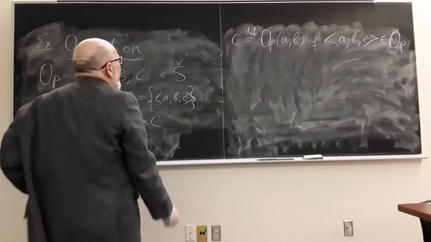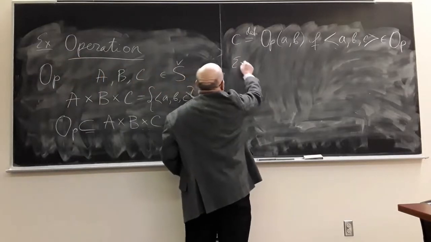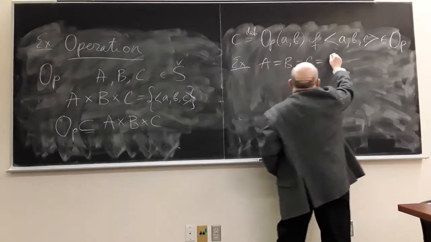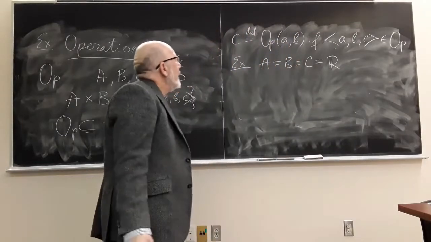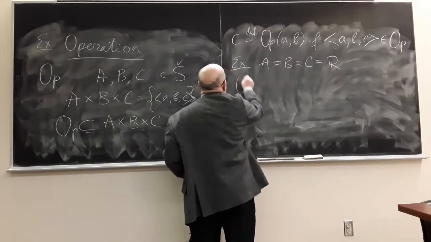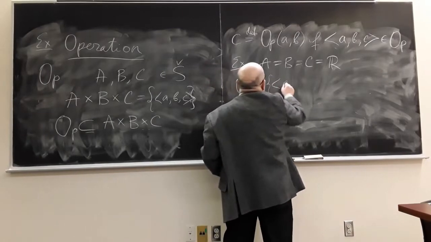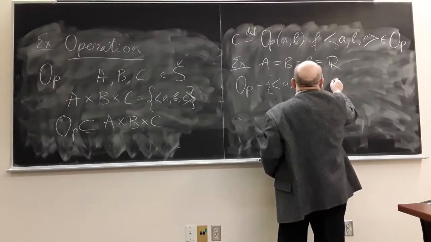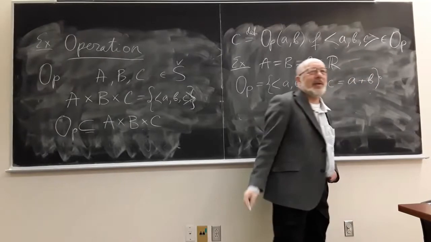Now, we can substitute here any operation. For example, if A, B, and C are the same real line, and op is the set of triples (A, B, C) such that C equals A plus B, for example. Yeah.